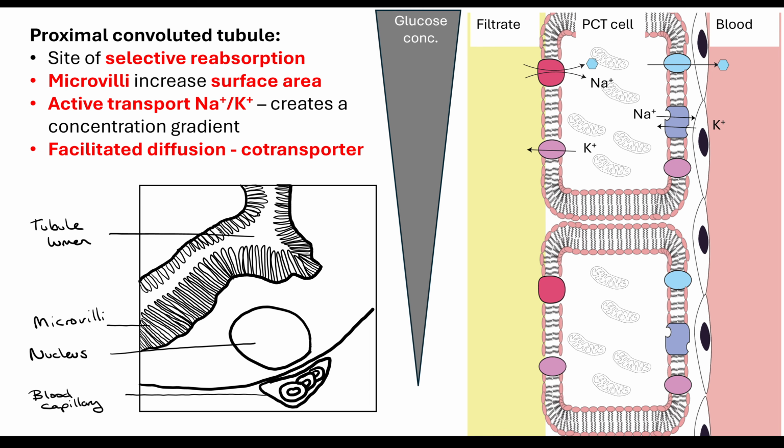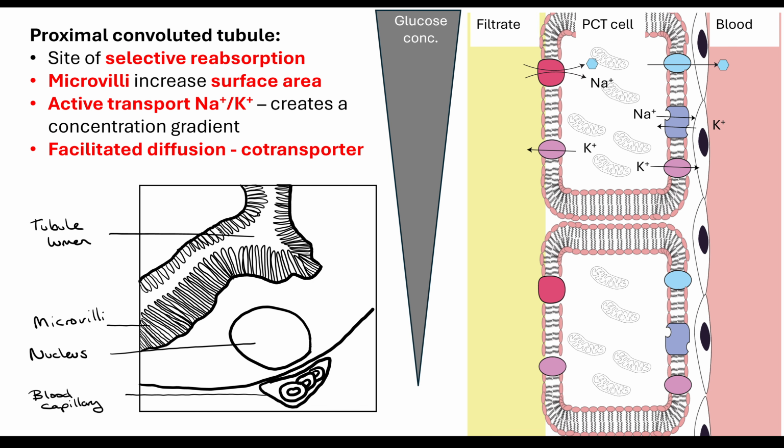It's important that we note that the potassium that was pumped into our proximal convoluted tubule cell is going to change the ion concentration inside that cell. So the potassium is able to diffuse through facilitated diffusion down its concentration gradient through either the channel or the carrier proteins that are specific for potassium. So this is where your knowledge of the membrane structure comes into play.